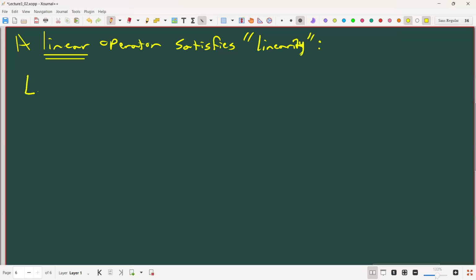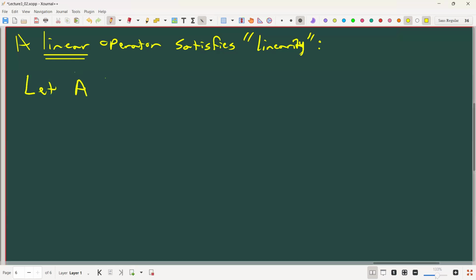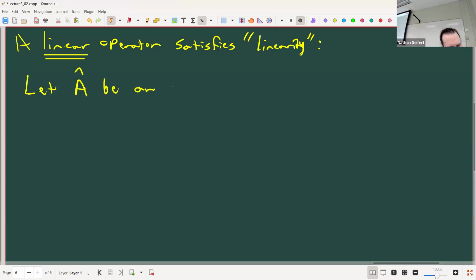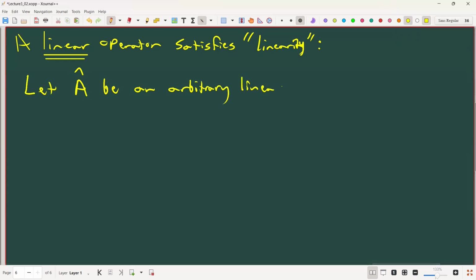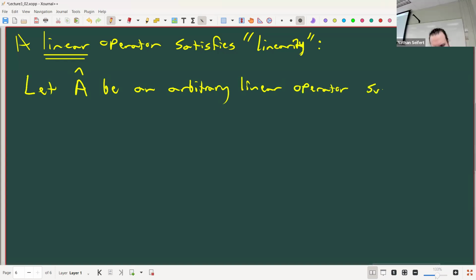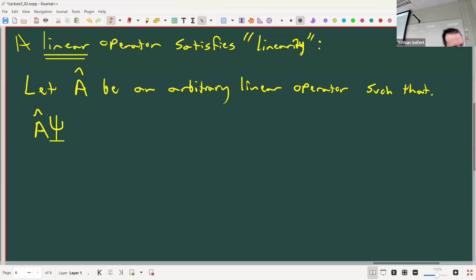So let A hat be an arbitrary measurement box or an operator such that, say, imagine applied measuring electron 1, right?